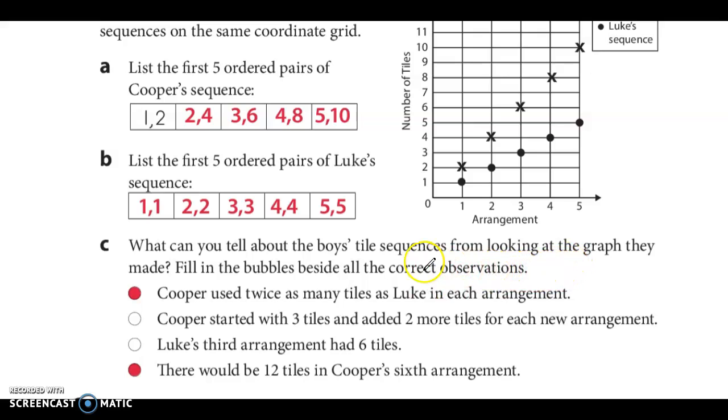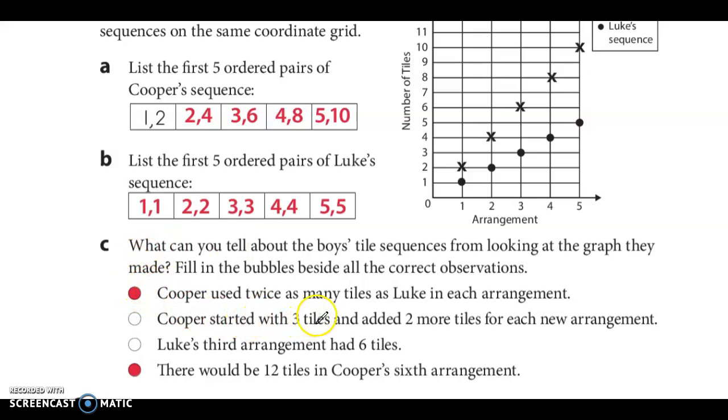Fill in the bubbles beside all of the correct observations. Cooper used twice as many tiles as Luke did in each arrangement. So the tile number is the Y. Okay, so we're looking at the Y. So the first one, Cooper used 2, Luke used 1. Cooper used 4, Luke used 2. 6, 3, 8, 4, 10, and 5. So that one is correct.